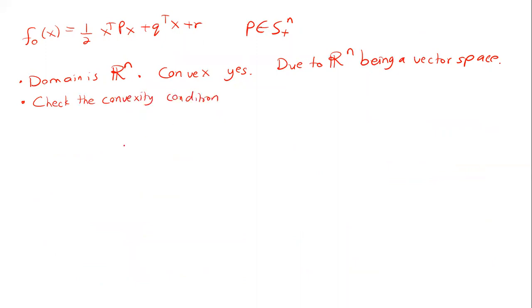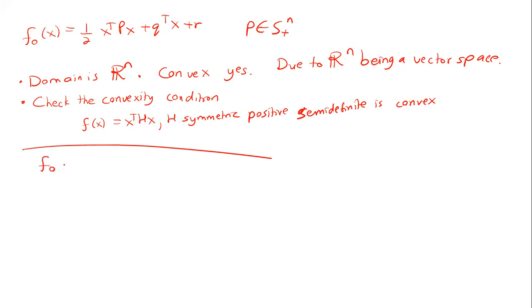To be able to see it, what you should do is go back to the lecture where we were proving that f of x equals x transpose Hx, with H symmetric positive definite or positive semi-definite, is convex, and use that and try out that idea to try to finish the proof here. So the main point is that what you're going to find is that f0 is convex once you do that.